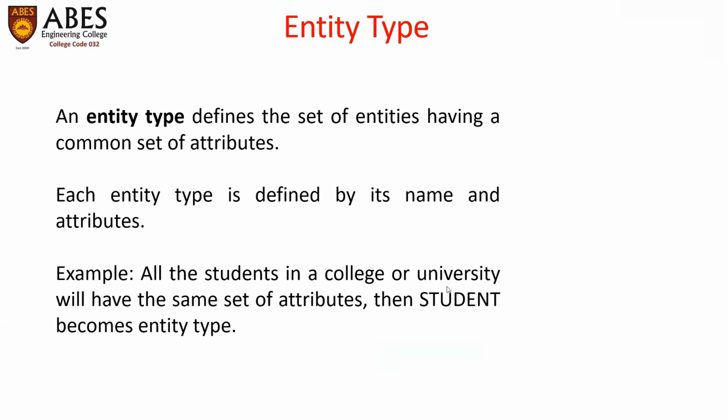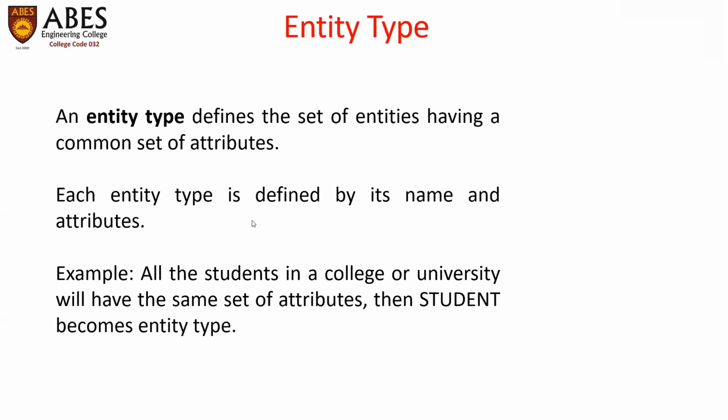Now let us discuss what is an entity type. We all know that entities have certain attributes, that is they have certain properties. All the entities that have the common set of attributes belong to an entity type. For example, all the students of the university or college can be grouped together and placed into one entity type, that is student.